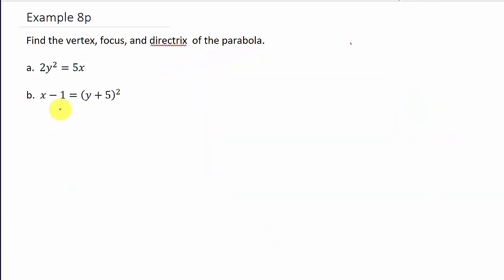x minus 1 equals y plus 5 squared. Okay, so let's go ahead and just write down the general formula. That is y minus k squared equals 4p times x minus h. Notice how the squared part is on the left-hand side in the formula, but over here I've got the squared part on the right and the other stuff on the left.